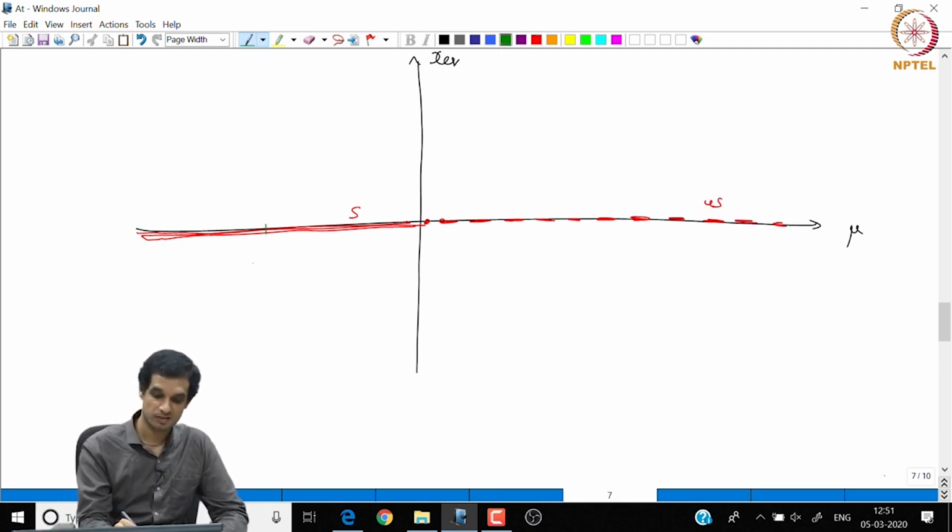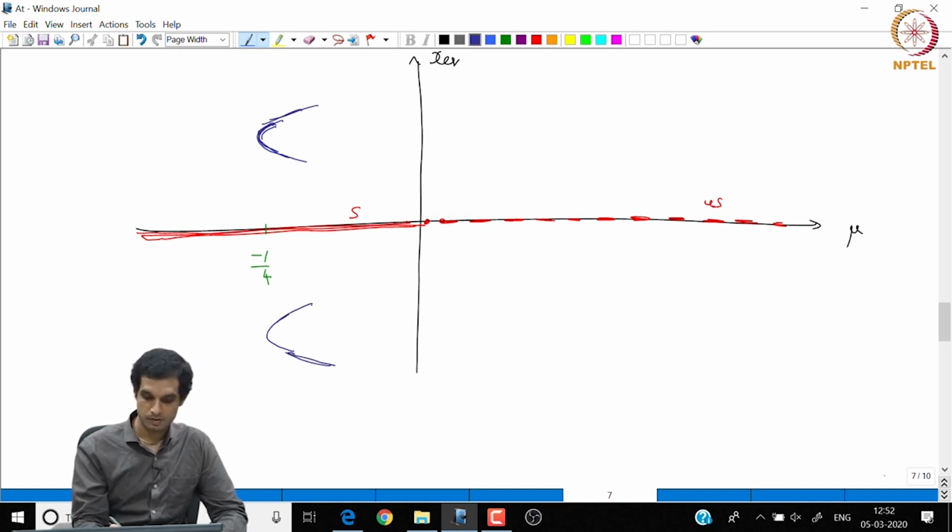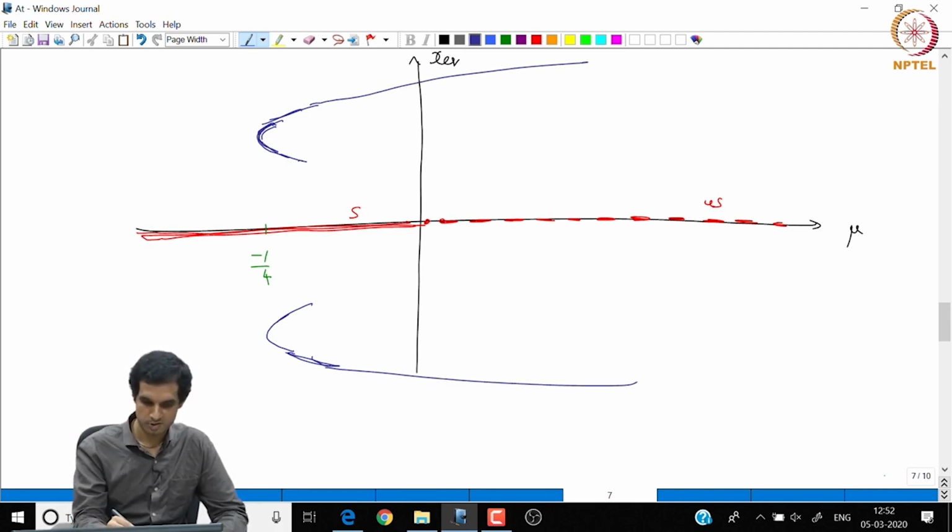Now, when mu is minus 1 by 4, something funny happens. Out of the blue we get 2 new fixed points. But we see when mu is positive, only these two survive, these two they disappear.